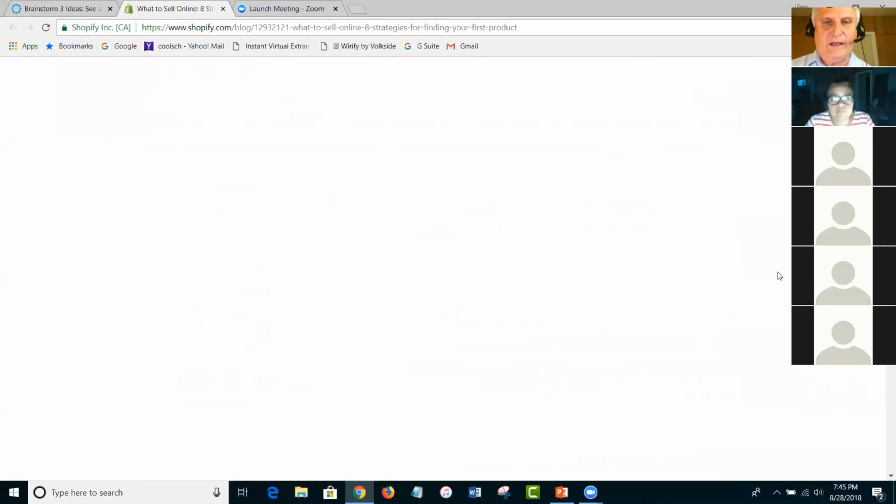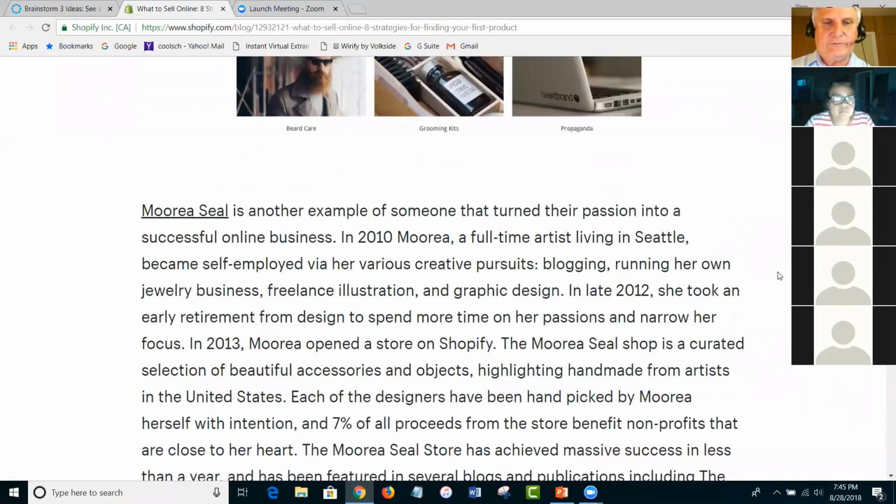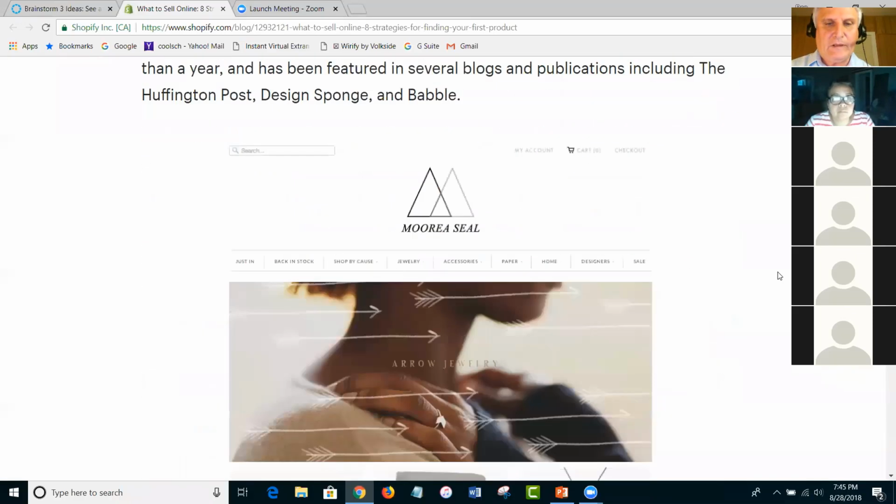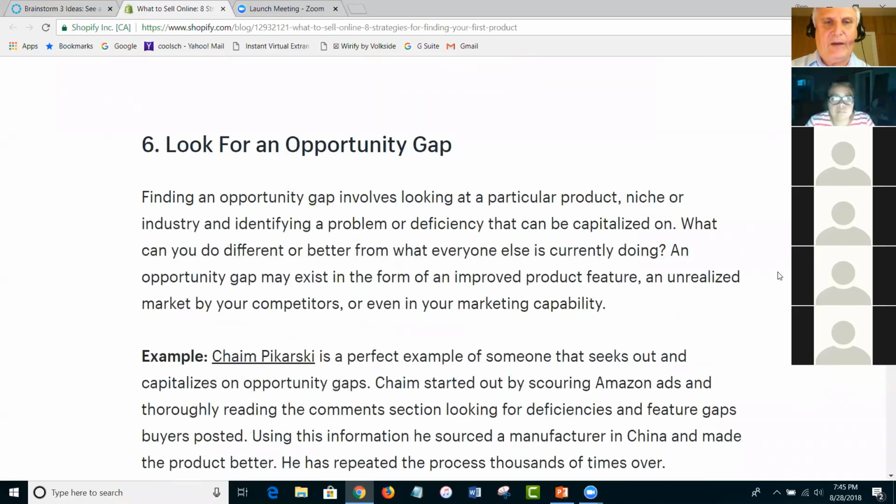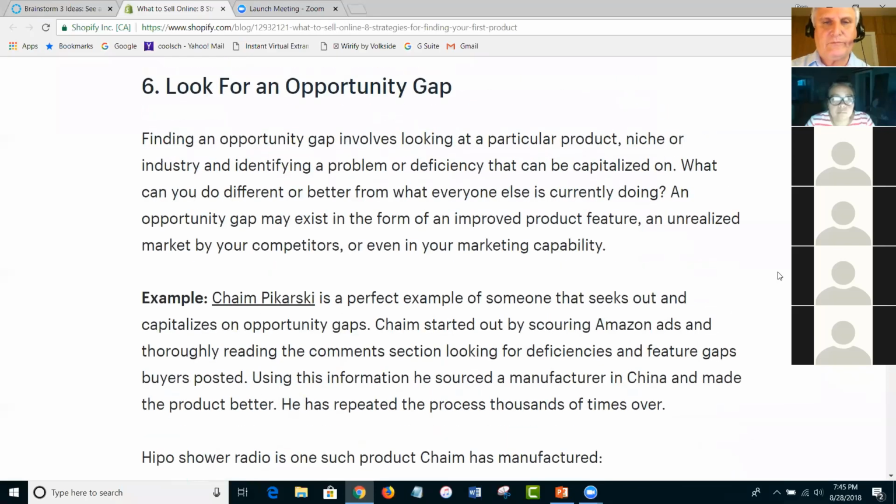And then look for an opportunity gap. So this would be something where you look at a certain kind of product or service, and usually you want to pick something that's kind of popular, but you look for something that may not be covered already.